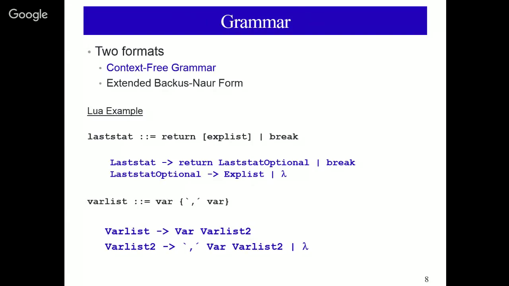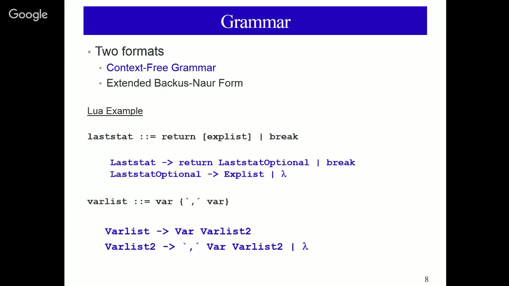And the terminals or the tokens were the little a's, the little b's. And so in this case, these are the actual keywords or parts of the programming language, like commas and semicolons, things like that. Those were part of the language, and those were the tokens or the terminals.